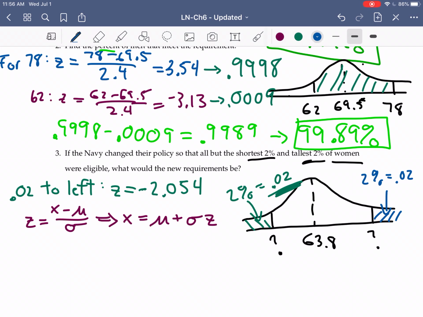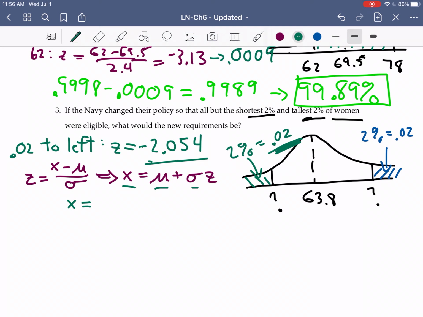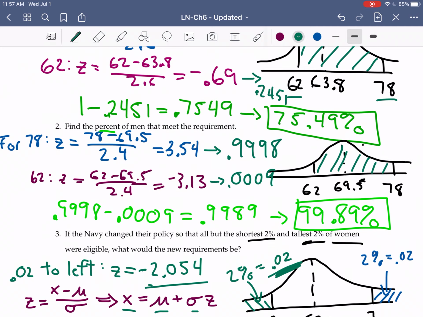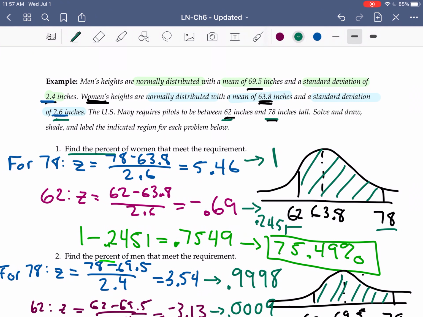For us, we want to know what is the x value, what is the data value that is associated with this z-value and a mean and standard deviation for women. So the x value here that will separate the lower 2% of women is going to be 63.8, that was the mean height for women, plus the standard deviation, which for women's heights was 2.6, multiplied by the z value that we just calculated.